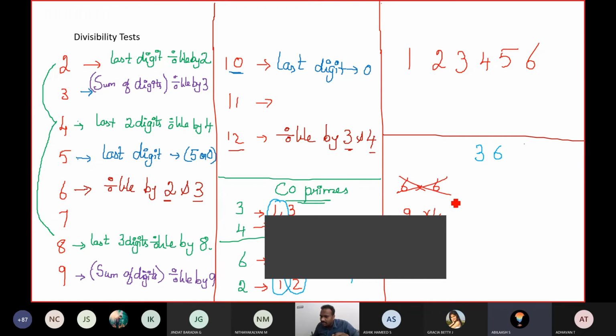Definitely not this. Out of these two, which one is a co-prime? What do you mean by co-prime? Those two numbers do not have any common factor other than 1. There should not be any other common factor other than 1, which is a co-prime.